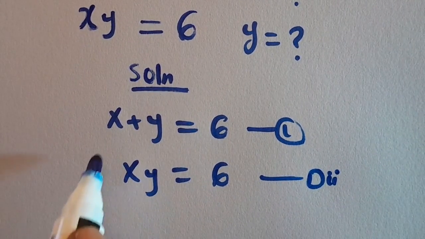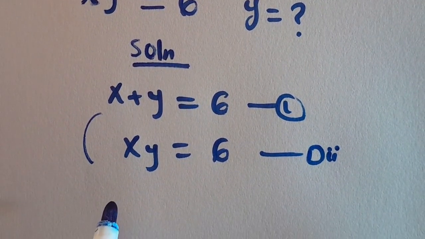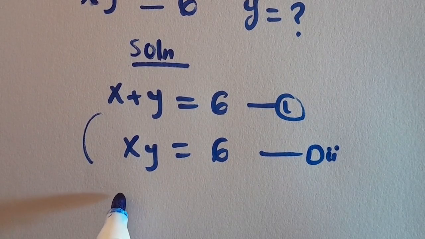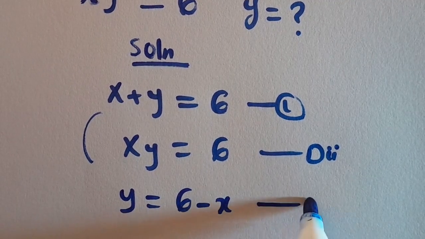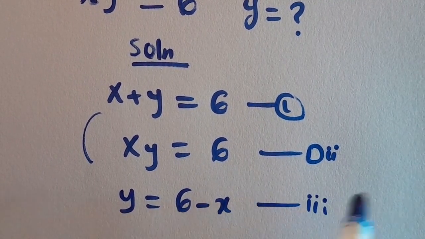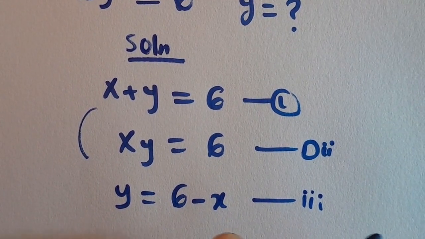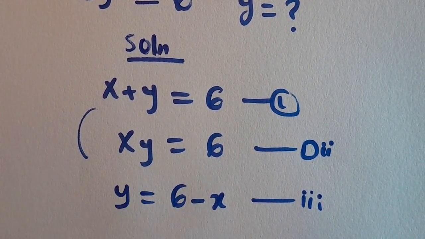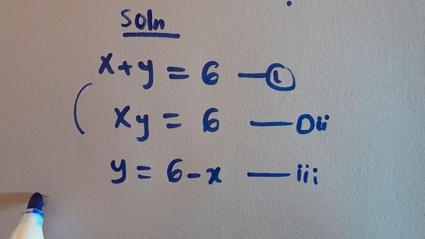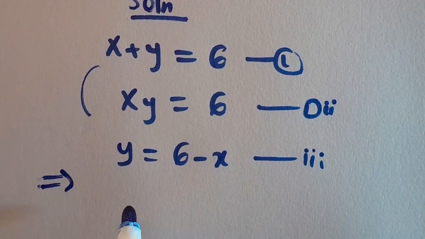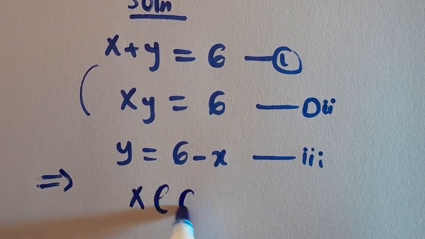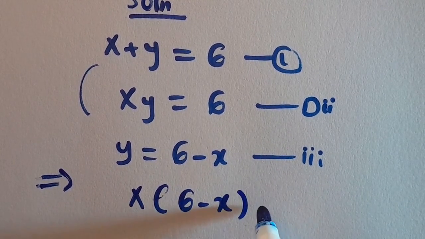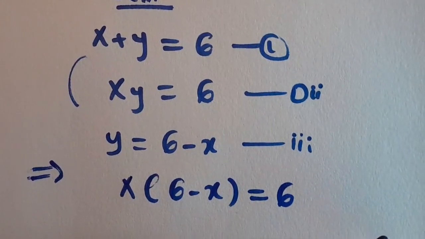Now from here we can have our y equals 6 minus x. This is equation 3. Now when you substitute this here, this implies that we can have x into (6 minus x) equals 6.